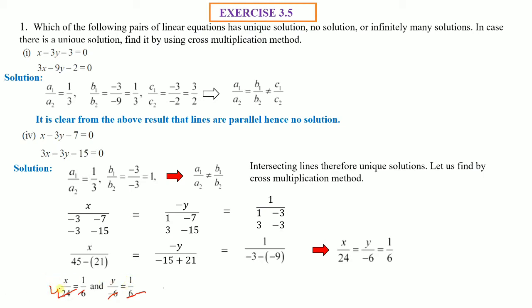So x, we will multiply this 4 to this 1, and this minus 1 will go here. So x is equal to 4 into 1, that is 4, and y is equal to minus 1. So x is equal to plus 4 and y is equal to minus 1 is the solution of this system of equations.